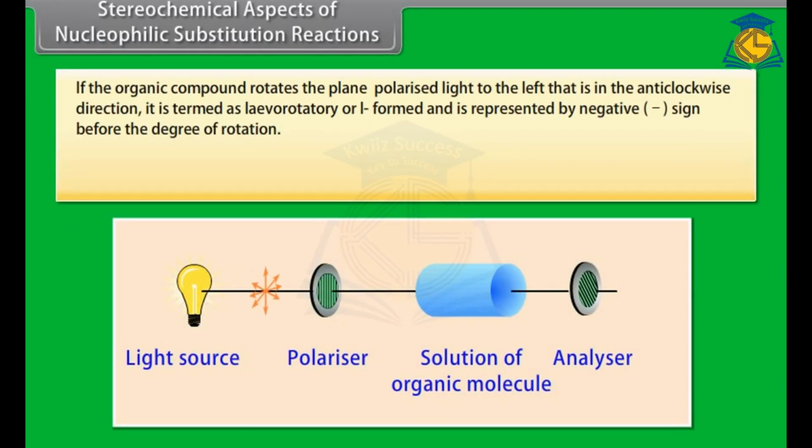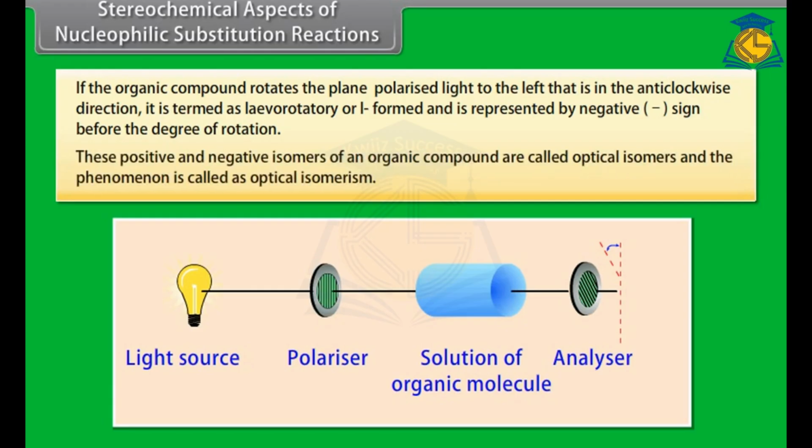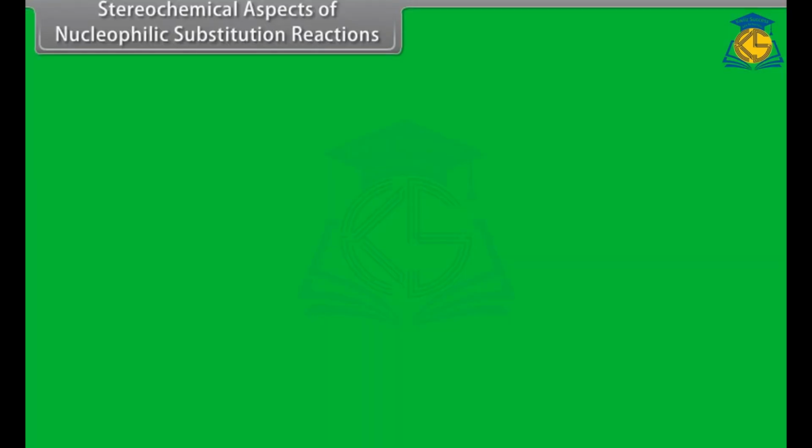If the organic compound rotates the plane polarized light to the left, that is, in the anti-clockwise direction, it is termed levorotatory or l-form and is represented by a negative sign before the degree of rotation. These positive and negative isomers of an organic compound are called optical isomers, and the phenomenon is called optical isomerism.